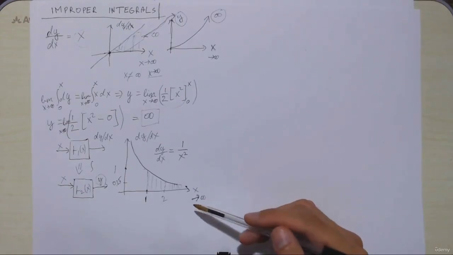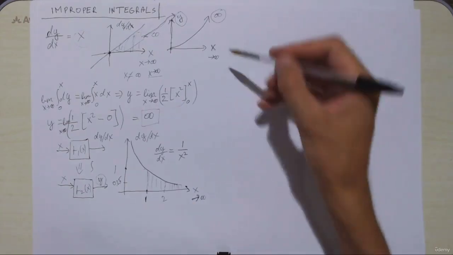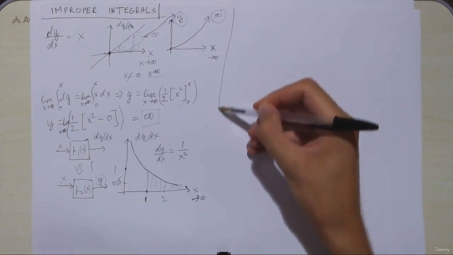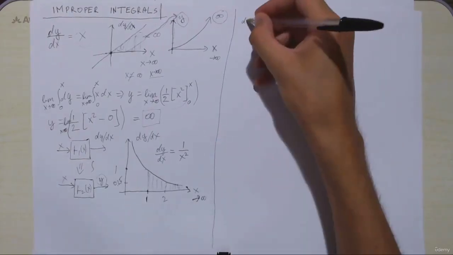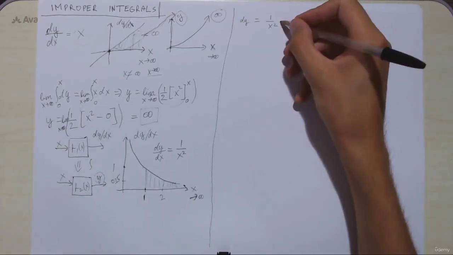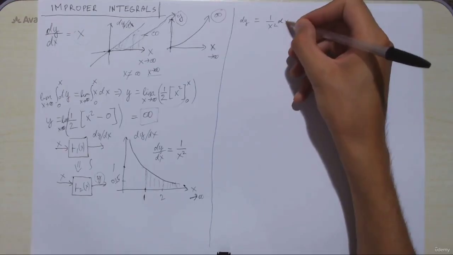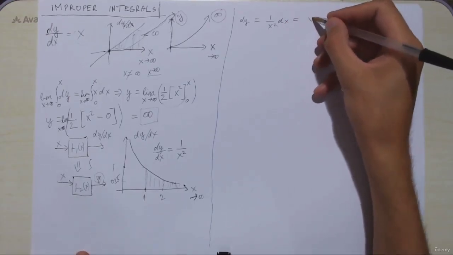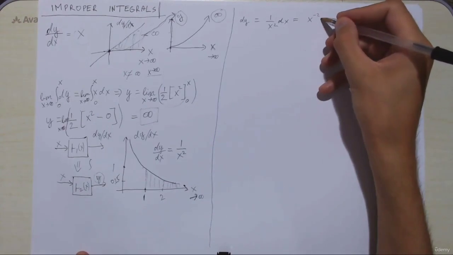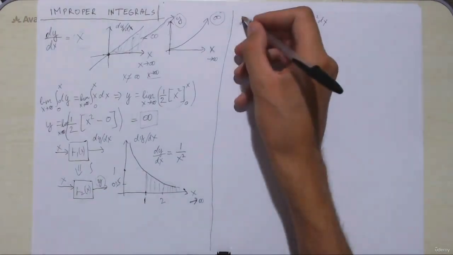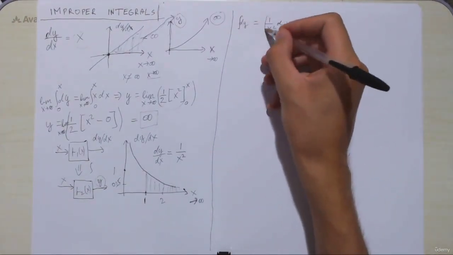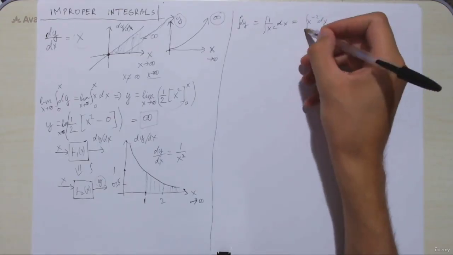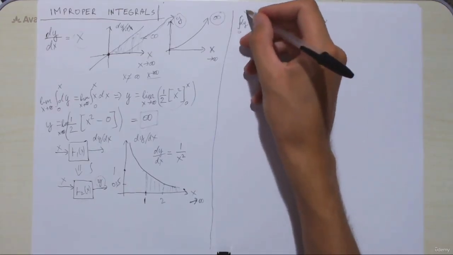Let's find out. So let's calculate this integral and see what we will get. dy equals 1/x squared dx. You can also write it down like this: x to the power of -2 dx. So we very simply put the integrals here and here and here, and then we go from 0 to x.